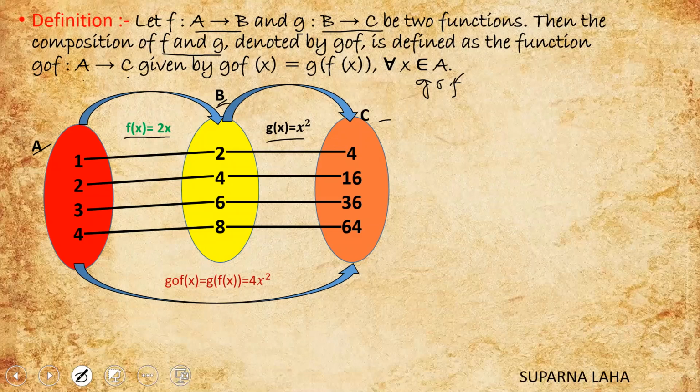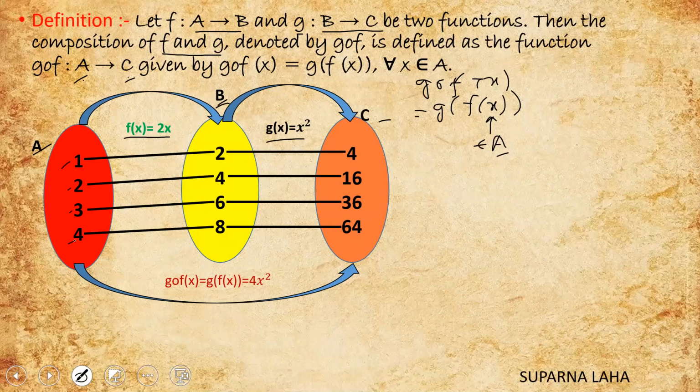Let's check whether the function is defined from A to C or not. First of all, g of f of x, and we already know that this x belongs to the domain set, that is the set A, that means 1, 2, 3, 4.